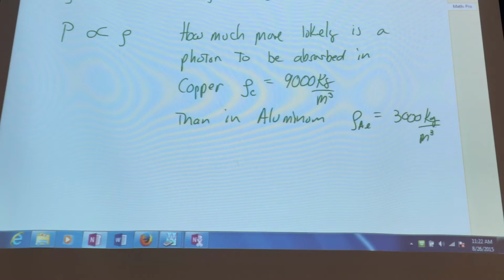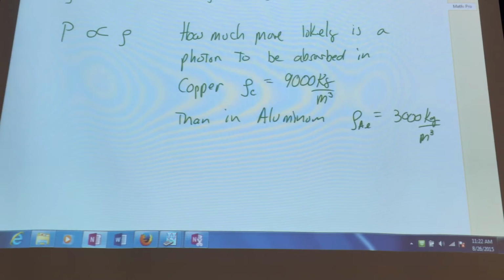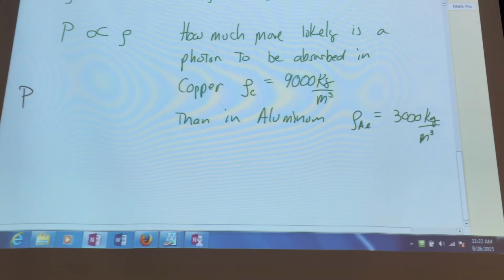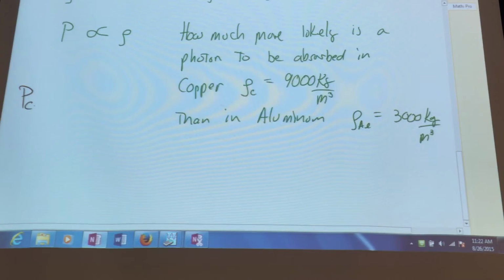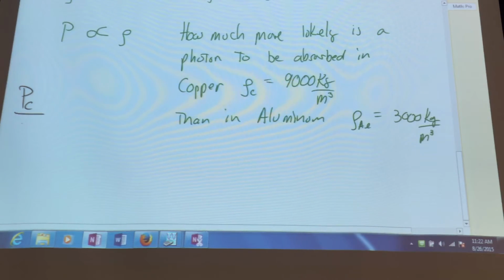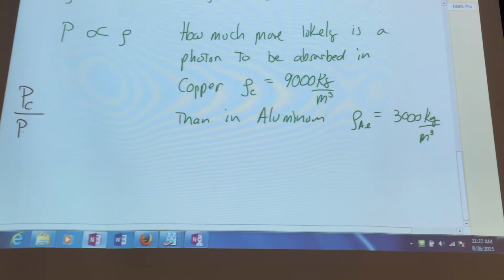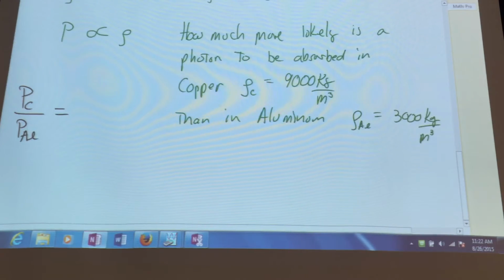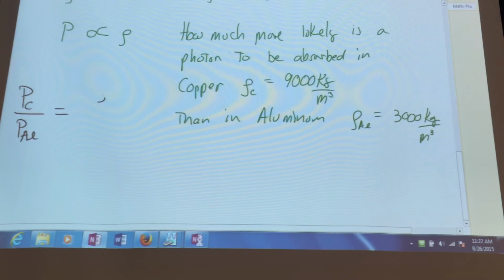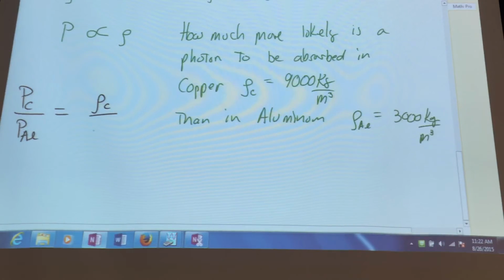Well, now we're going to take that expression and say the probability to be absorbed in copper divided by the probability to be absorbed in aluminum is going to be equal to the density of copper divided by the density of aluminum.